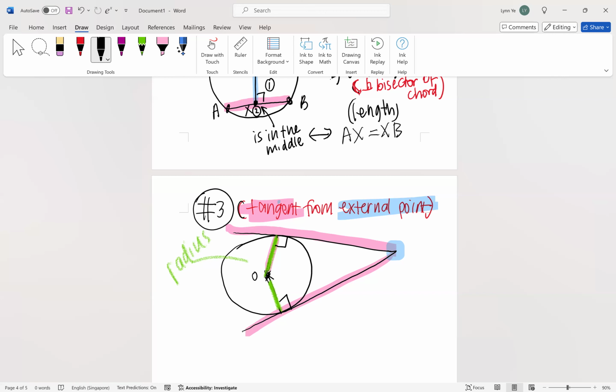Now, how to use tangent from external point is that there's this particular line right here. Remember I told you, wherever you see radius, what must you do?